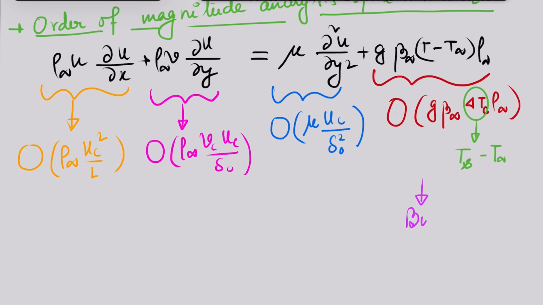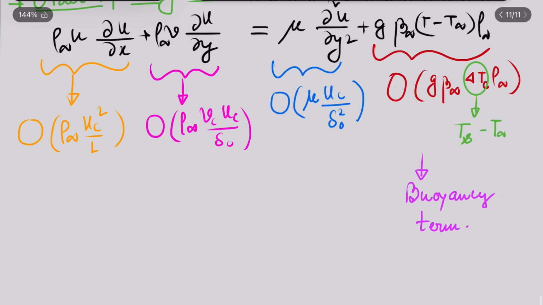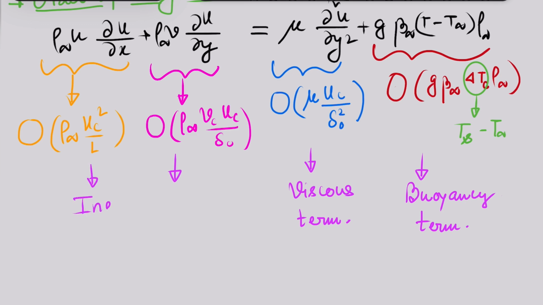Clear? If the spelling of buoyancy is wrong, I apologize for that. Now this is obviously the viscous term, and both of these are the inertial terms.